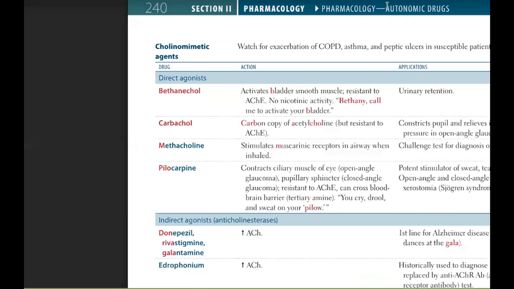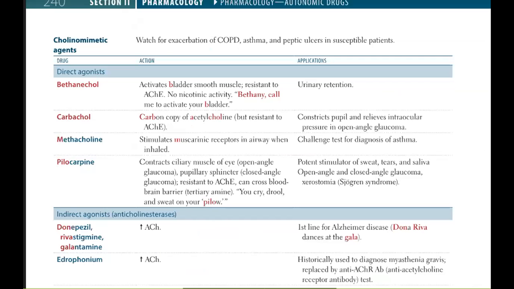So let's go back to the book. You see this in carbachol, open angle glaucoma. One more thing: the normal intraocular pressure of the eye is 18 to 21 millimeters of mercury.